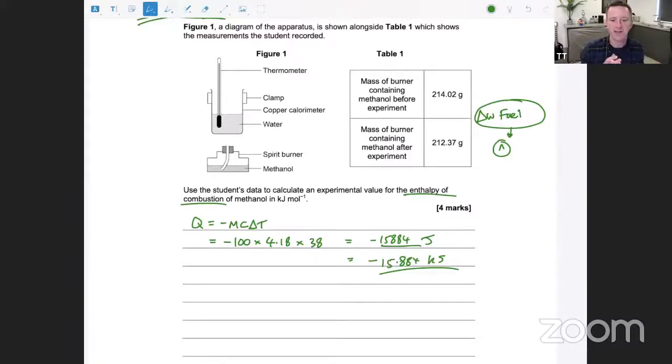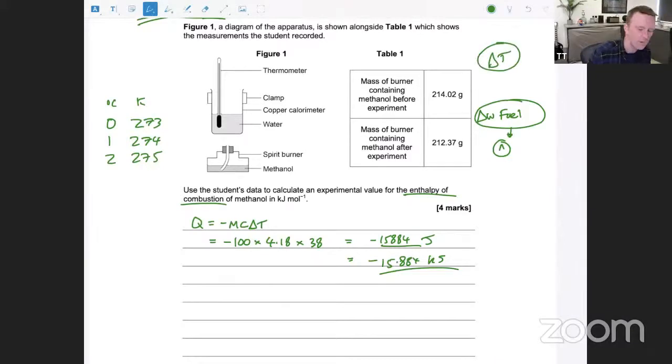If the temperature is in Kelvin or degrees Celsius, it doesn't matter, because they work on the same scale relatively. In degrees Celsius and Kelvin, 0 is 273 Kelvin, 1 degree would be 274, 2 degrees would be 275. Because we're looking at a difference in temperature, a delta T, it doesn't matter.